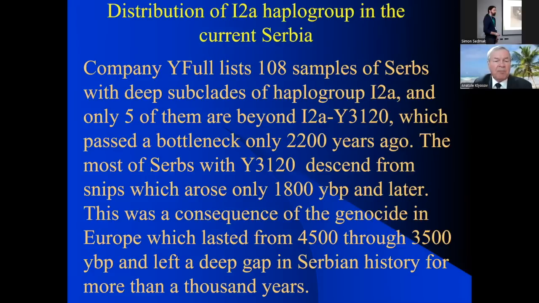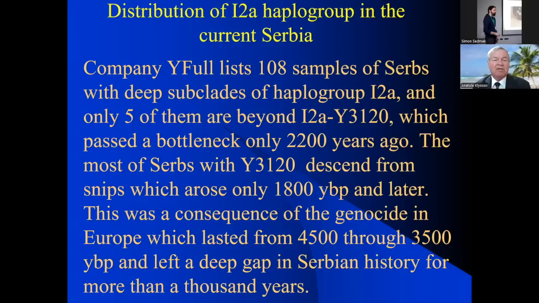Now, the company YFull, which I mentioned, is the most known company which has a huge database, and they collect samples of people all over the world with deep subclades. That means not only like in this case I or I2 or I2A, but many, many levels down.